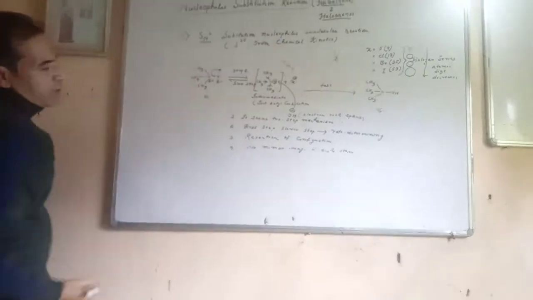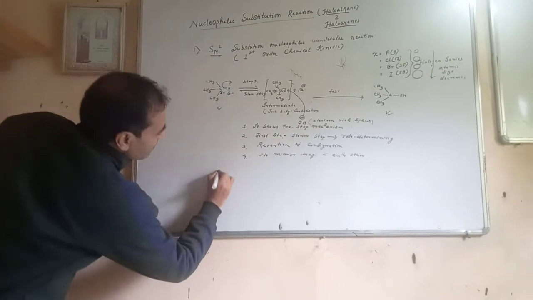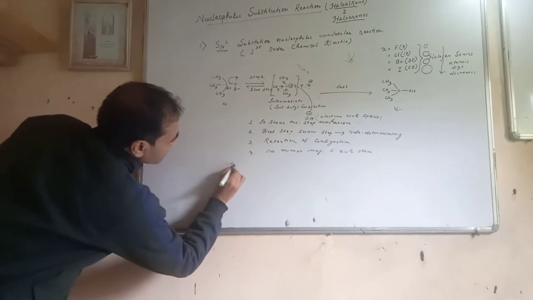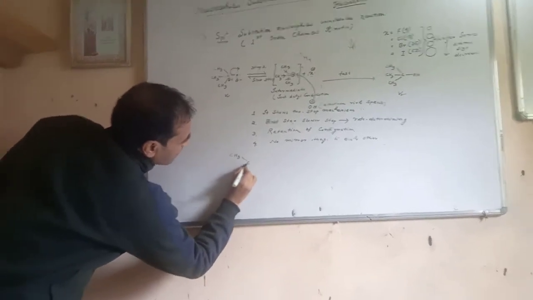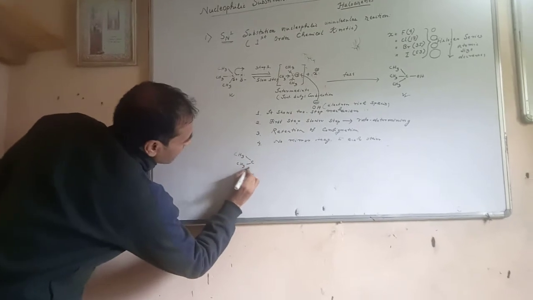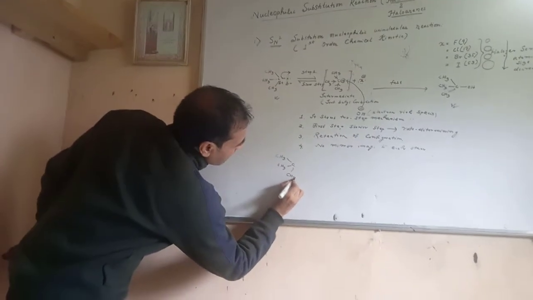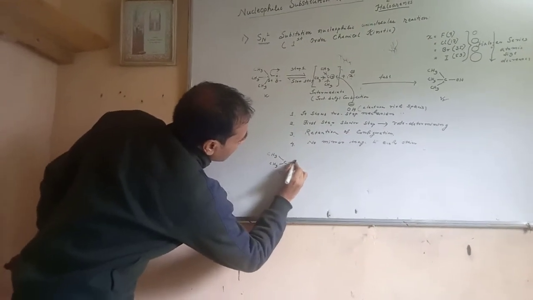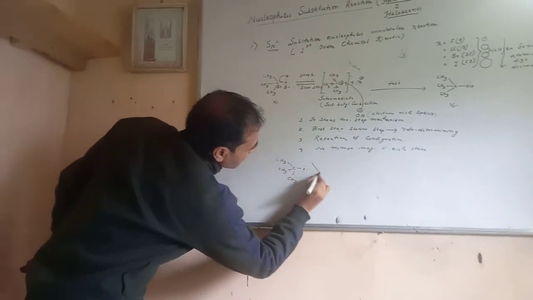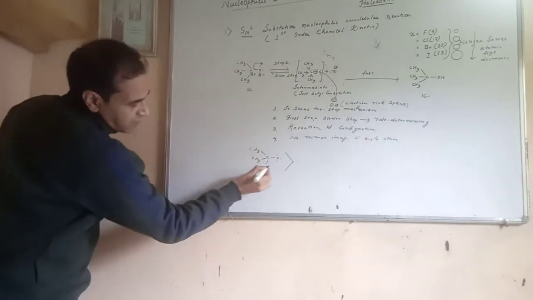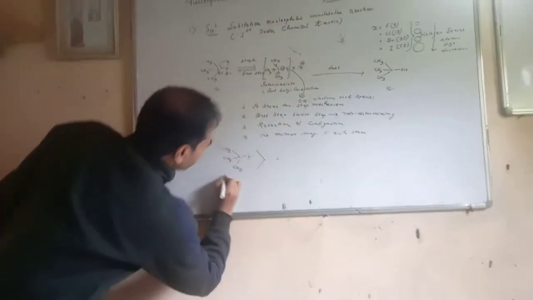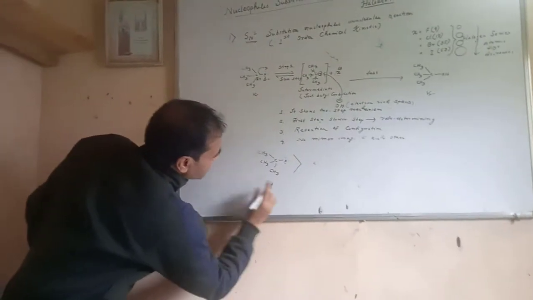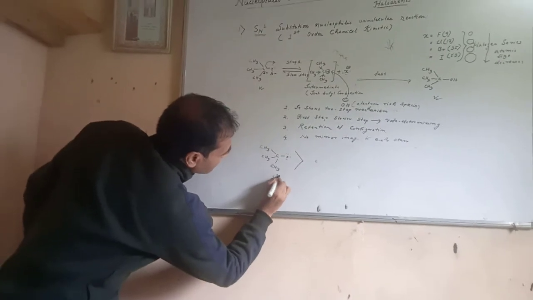So what information did we get from there? That tertiary butyl is more favorable on these bulky structures. This will be tertiary. So I'll write in short, CD.